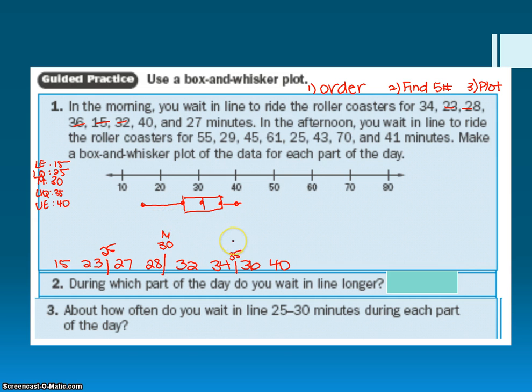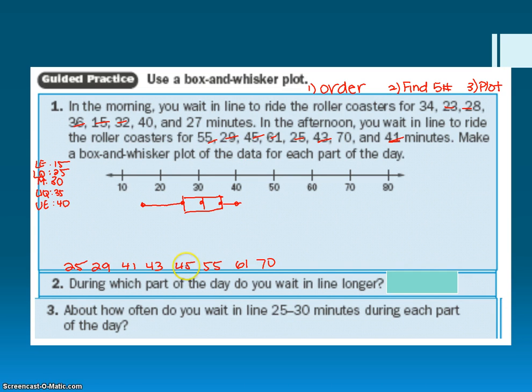Now we do the same thing with the second part of the data. So we have to put it in order. Probably the part that takes the longest is putting it in order. So we have 29. Look, we have 25. 41, 43, 45, 55, 61, and 70.